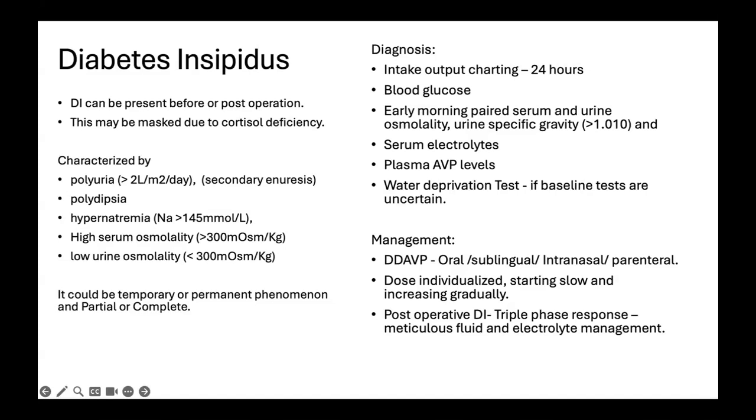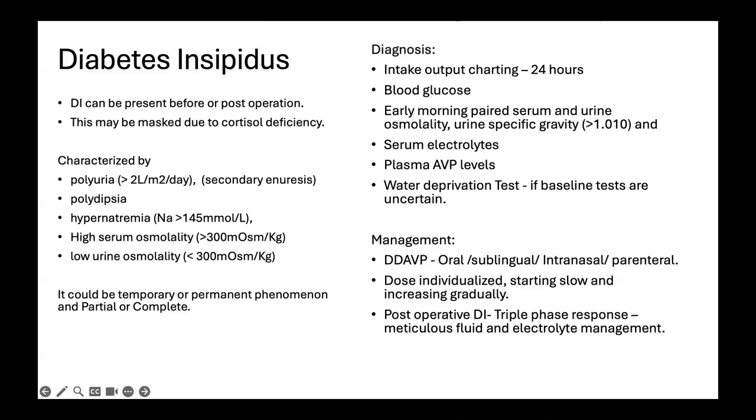Baseline tests such as blood glucose, electrolytes, and paired samples for serum osmolarity and urine osmolarity give away the diagnosis. If the diagnosis is not clear, if you don't get such clear-cut numbers, then a water deprivation test may become necessary.